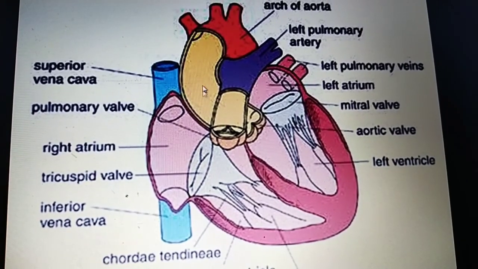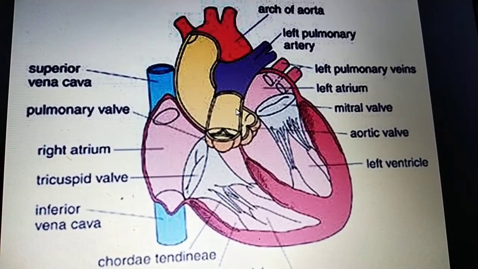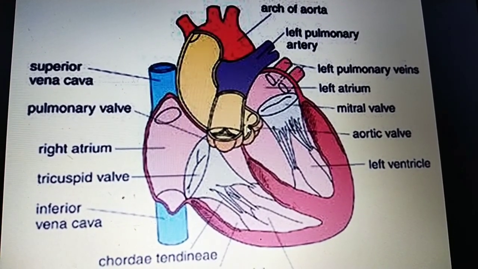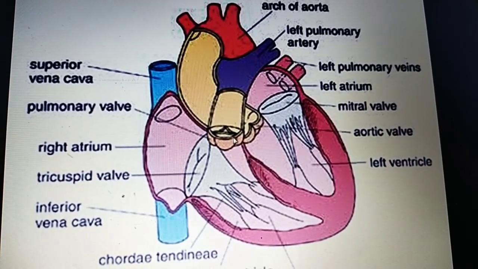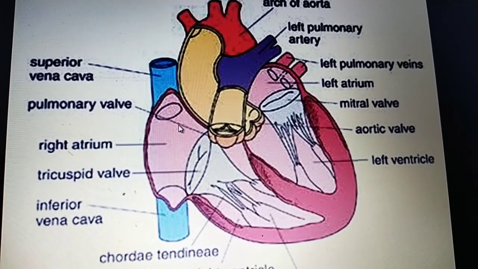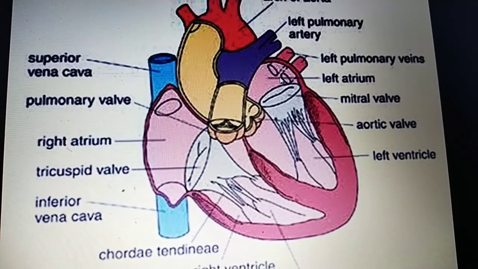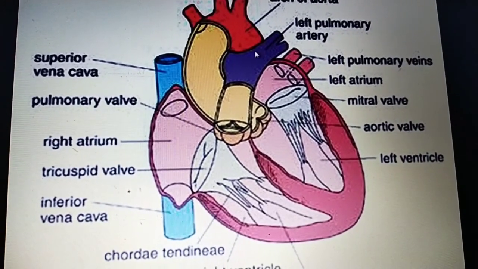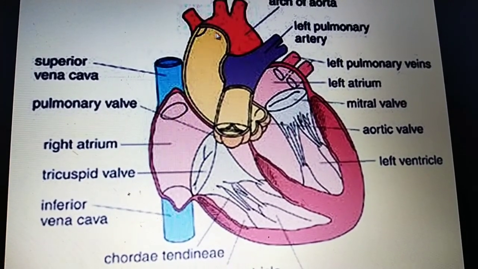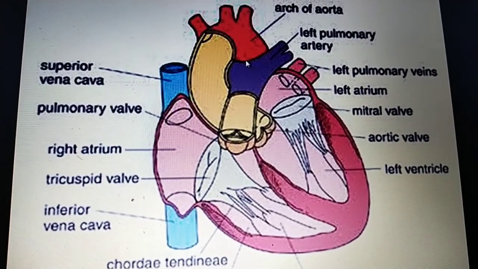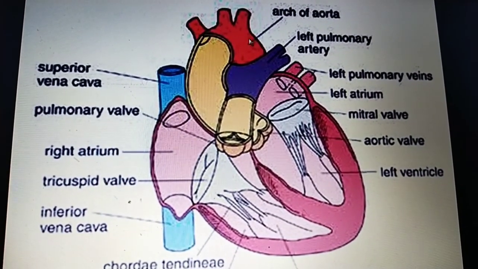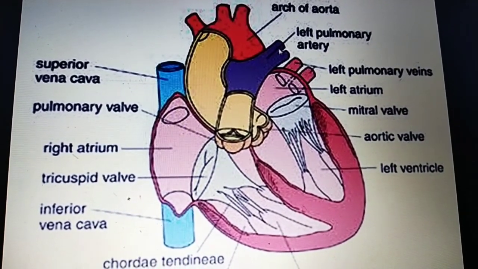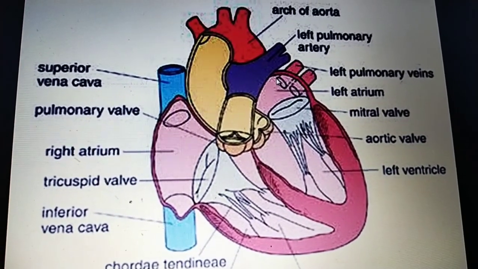To the right side, the ascending aorta, posteriorly the descending aorta. To the right atrium or right auricle, to the left auricle or left atrium, and superiorly the arch of aorta. Just beyond the arch of aorta, there is the bifurcation of the left bronchus and right bronchus.